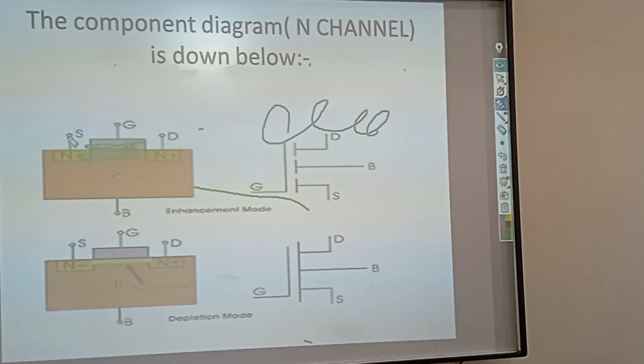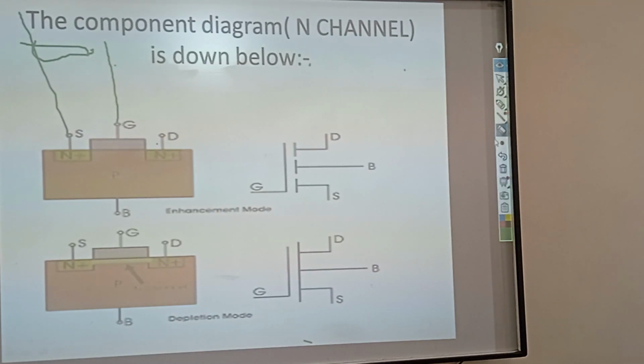Whenever you connect a gate and a source, if this is negative and this is positive, here would be a positive magnetic field, and by this positive magnetic field there will be electrons coming here filling up the path. I am taking the same color as the negative one, so the color is yellow.